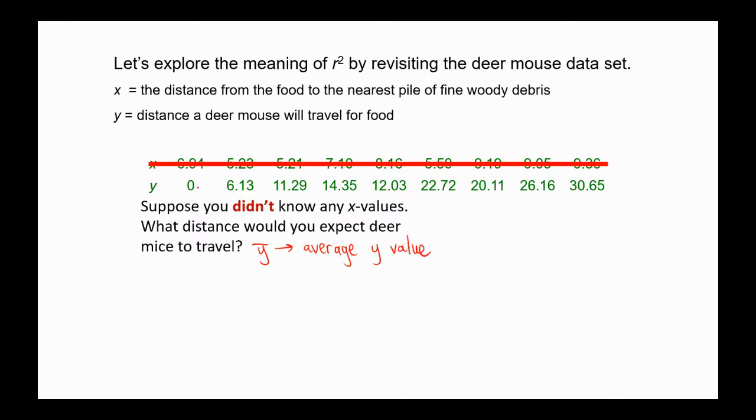So, I don't know who's the quickest typer on the calculator, but someone who's quick, try to calculate the average for us, please. The average Y's.